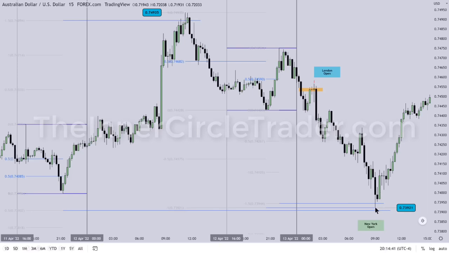That is the exact low of that candle, 73.92 and 1 pipette. So we have a confluence of factors coming together within the New York kill zone, giving us a precise entry, precise exit, targeting initially the sell side liquidity over here.